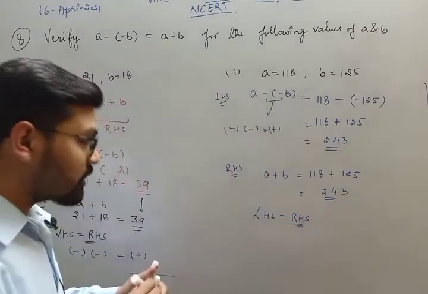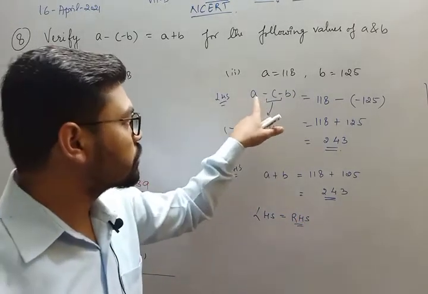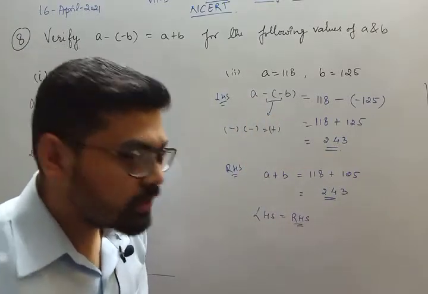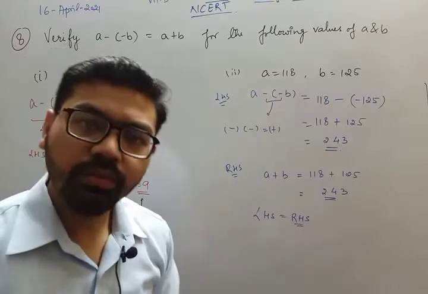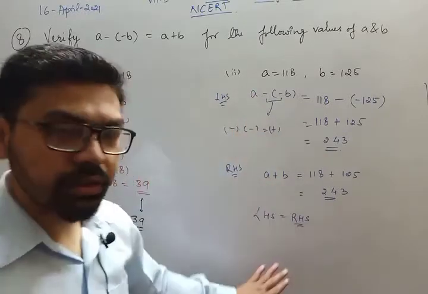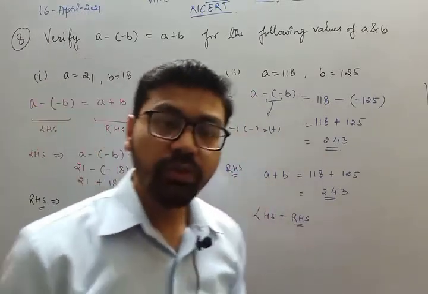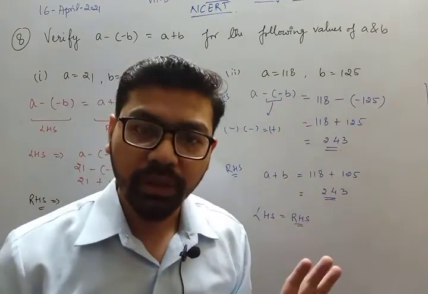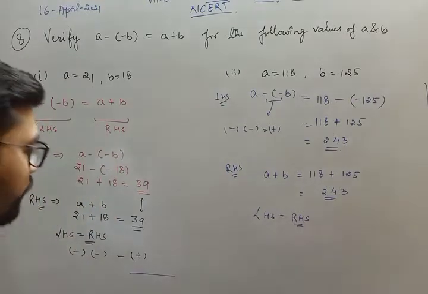That means minus minus is plus. So a minus minus b is equivalent to a plus b, and the reason behind it is minus minus is plus. I think this is clear to you all, and if any student has any sort of doubt regarding the topic, you can ask me in the Zoom meeting. Okay? Please note it down fast.